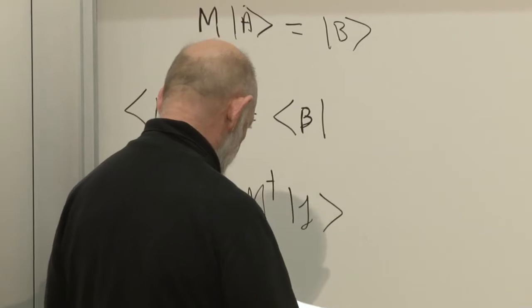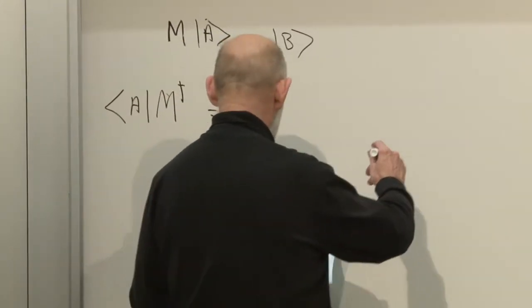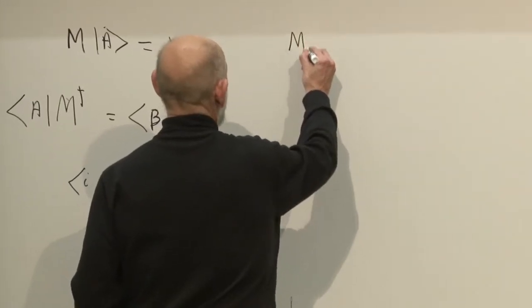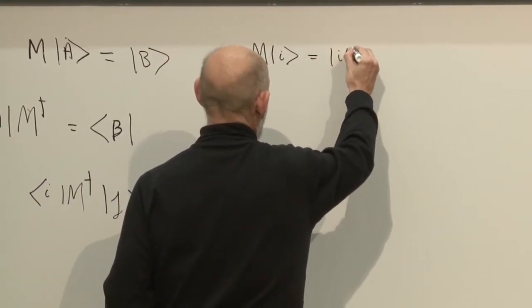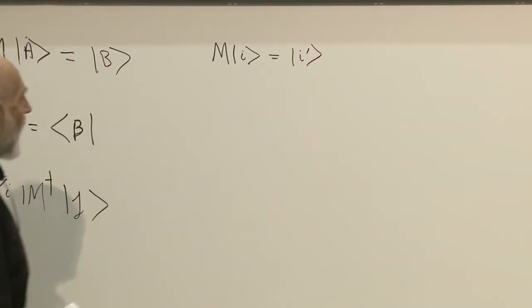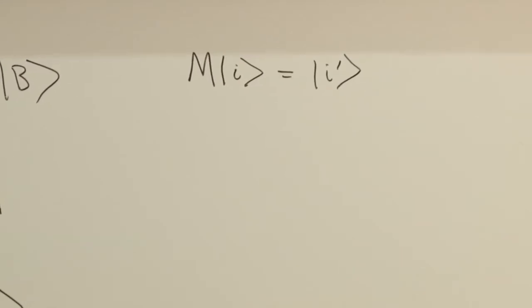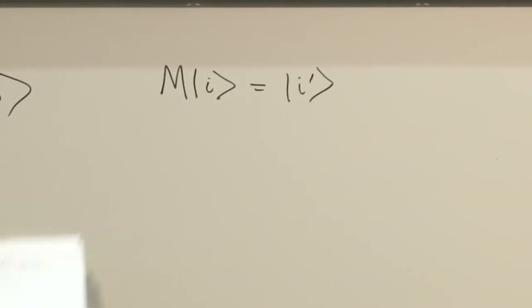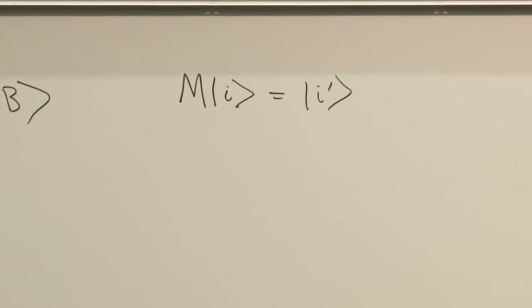All right. I think I have to step back for a minute. Let me suppose that M acts on the basis vector I to give I prime. I prime is just the result of sticking the basis vector into the M machine, and this is what comes out. Let's suppose that's the result. Okay?